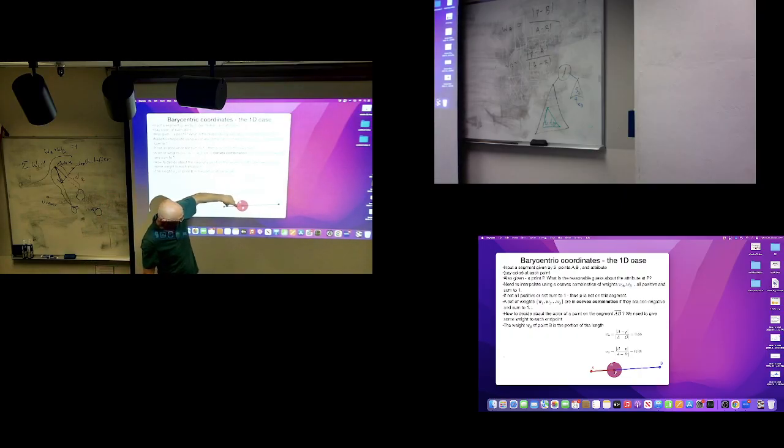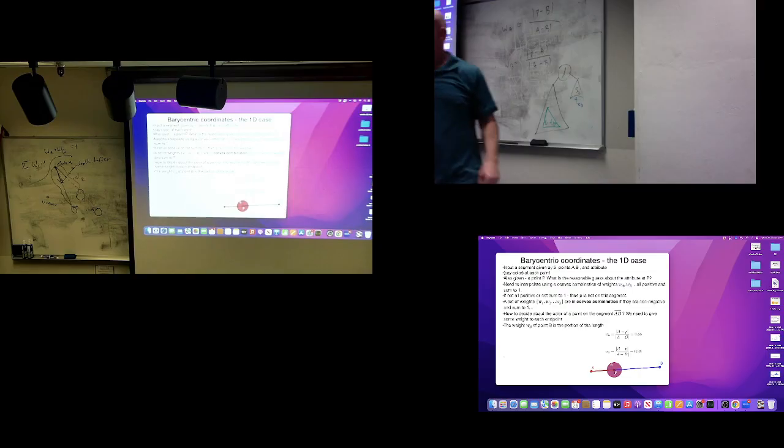At the same time, the contribution of B, W of B, look at the whiteboard over here, should be smaller and smaller as P moves toward A. And exactly the opposite will happen if P moves toward B. Then the portion from A to P, that is W of B, will be closer to 1, and the contribution of A will be smaller.